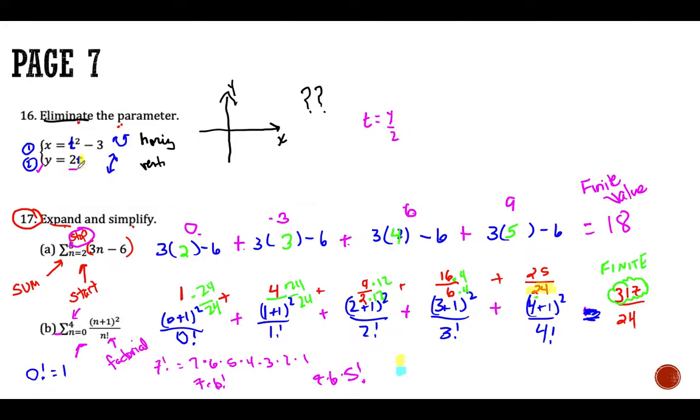Yes, divide both sides by 2, right? Then I'm going to take what t is equal to and substitute into the first equation. So if t is equal to y over 2, then x is equal to t squared minus 3.